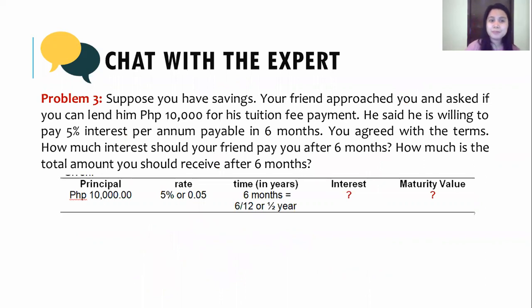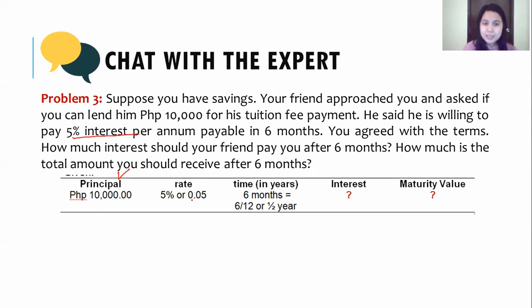The next problem. Suppose you have savings. Your friend approached you and asked if you can lend him 10,000 for his tuition fee. That's the capital, right? The capital loan. He said he is willing to pay 5% interest per annum.